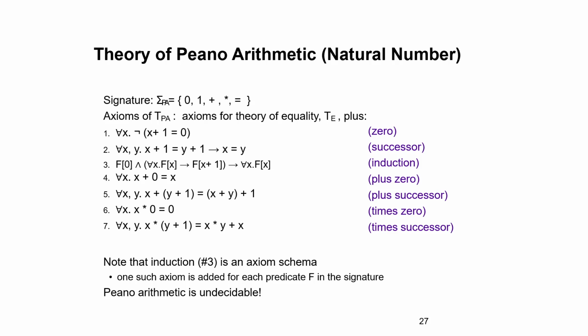You have 0 and you have addition, but you can never get back to 0 by adding 1 to anything, because we don't have negative numbers here, right? So this is the definition of 0. Then we have a definition of the successor. If x plus 1 equals y plus 1, then we have x equals y.